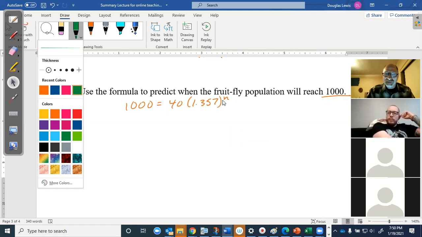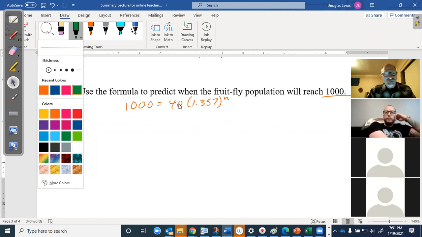If you knew n, could you multiply 40 by 1.357? Well, it's in parentheses, so you would want to do 1.357 to the nth power before you did 40. The order of operations says always raise to a power first, then you'd multiply by 40. So if n was something like 7, you wouldn't multiply 40 by 1.357. You'd always raise it to the power first.